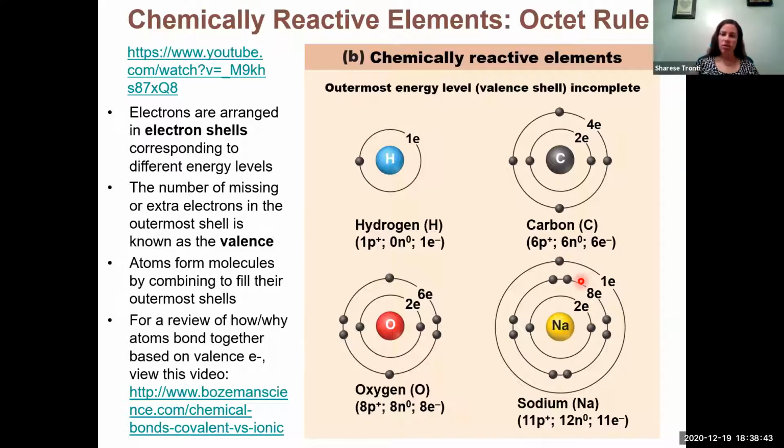The innermost valence shell, as shown here by hydrogen, can only have 2 electrons in it. So this inner one will be filled when it has 2. That's helium. But from then on out, a full valence electron shell has 8 electrons in it.